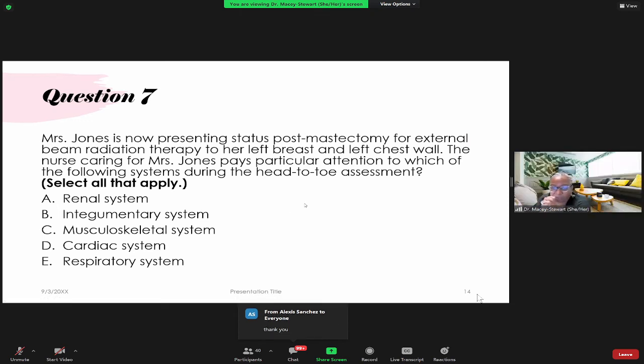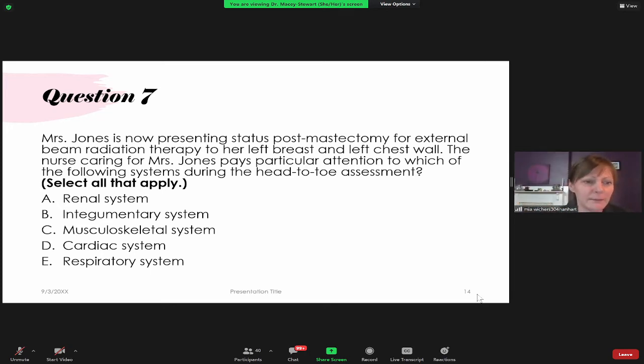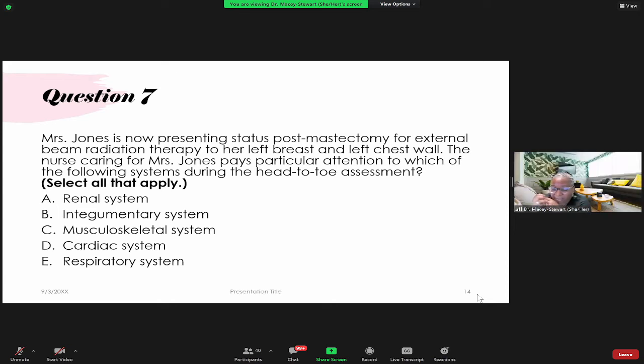The person is post mastectomy for external beam radiation to the left chest and the left breast. They're going for radiation. This is all about radiation. Remember external radiation, they get the tattoo, they go in 30 seconds, they get zapped, and then they go home, and they do it for a couple of weeks.